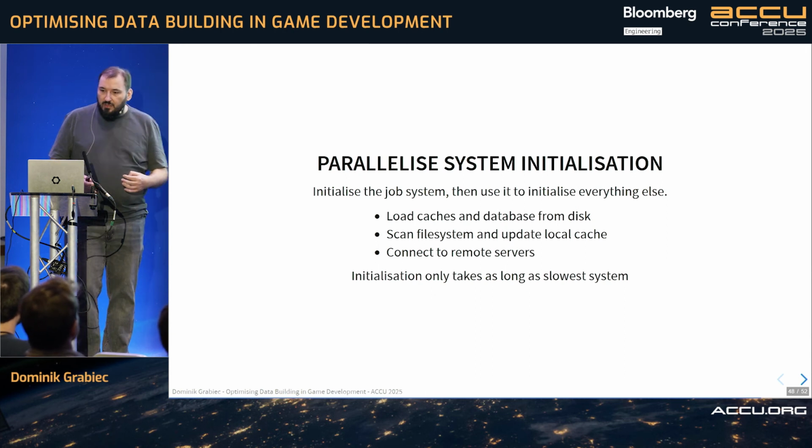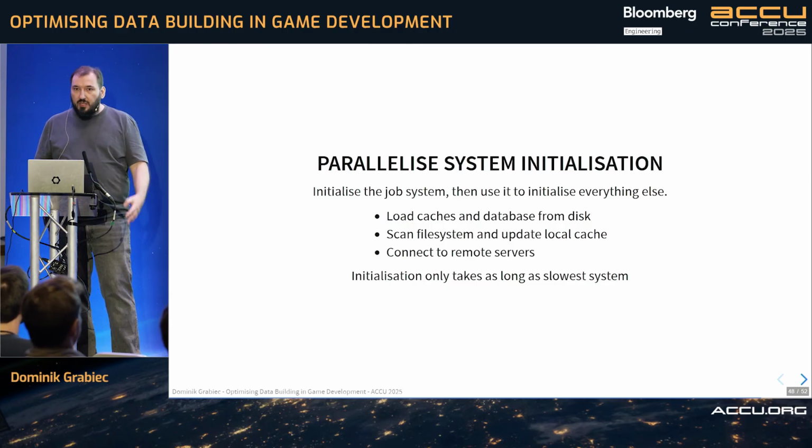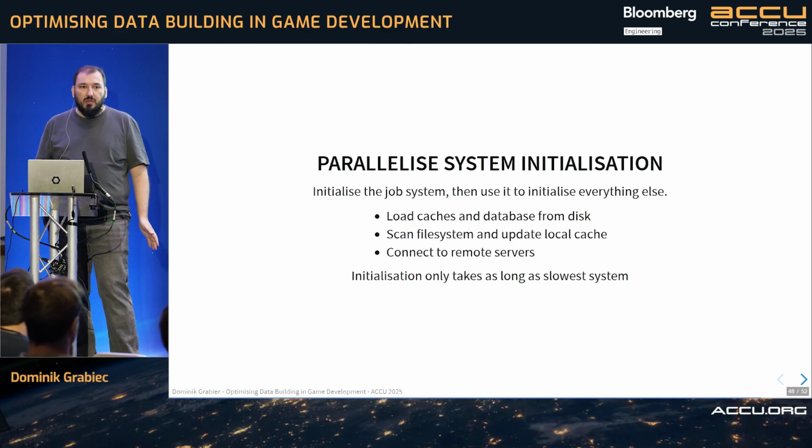So in this case, the big thing is to basically initialize the job system as soon as possible and then have everything done in parallel. And these days, SSDs are really good, there's no seek times, so you can just load data from many different files and you don't even see that there's a penalty to doing that.